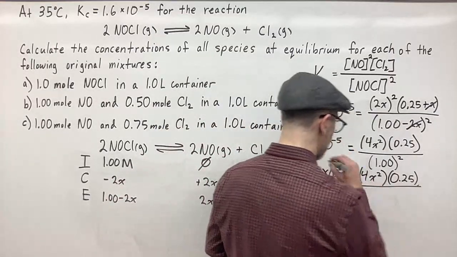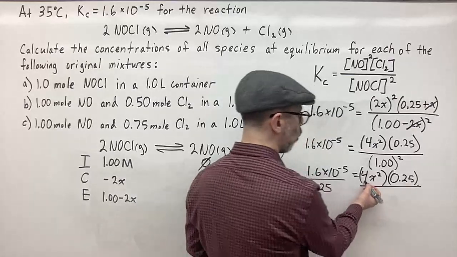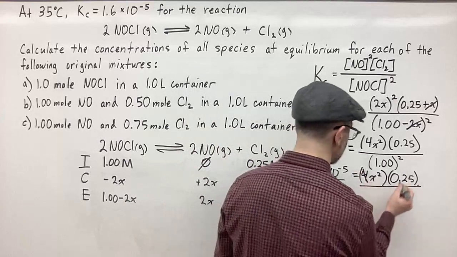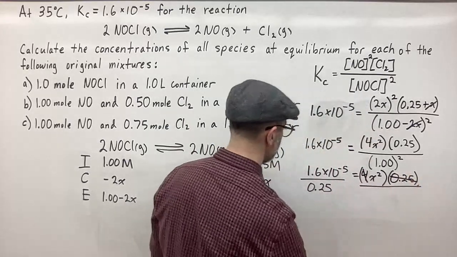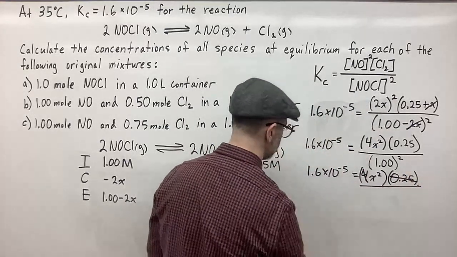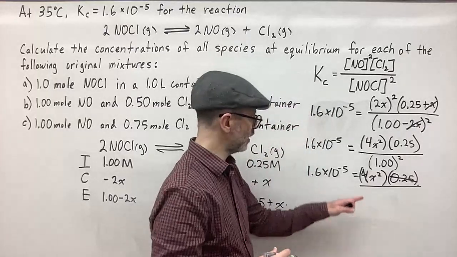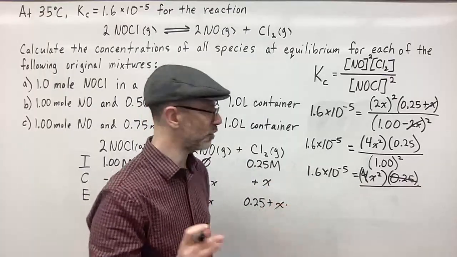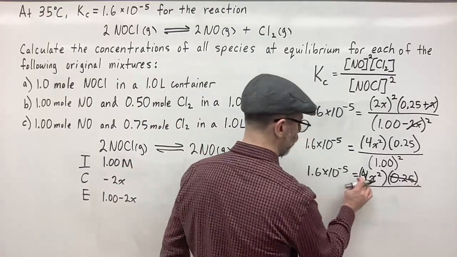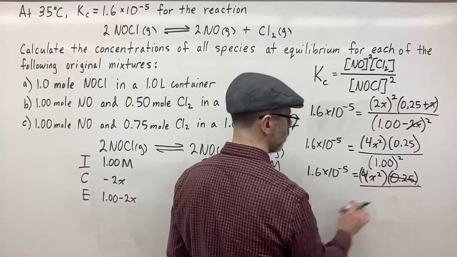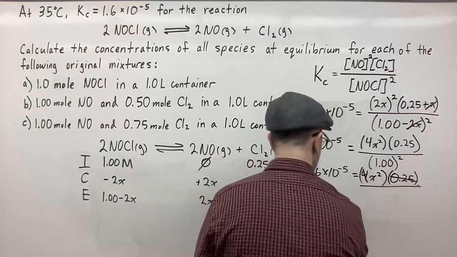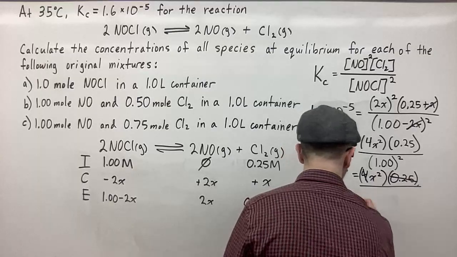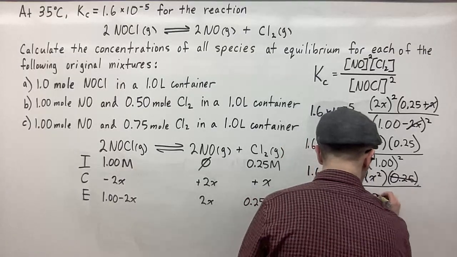We have a 4 here. So 4 times 1/4 is 1. So the 4 here cancels out with the 0.25. So we actually don't need to divide. If you did divide and then divide by the 4, the calculator is going to do the math for you, so it should work out the same. But if you notice that this is a 4 and this is 1/4, then that's just going to cancel out. And then you get 1.6 times 10 to the negative 5 is equal to x squared.